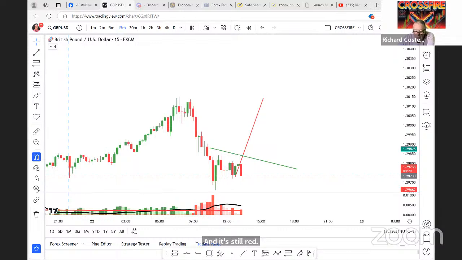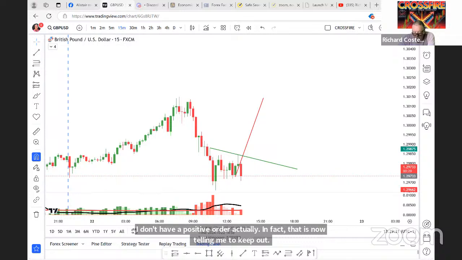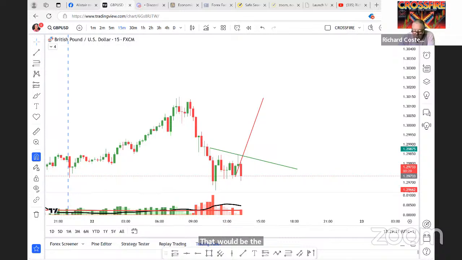We have a moving average crossover, but for my liking, it's a bit too far back. It needs to be fairly recent. So again, if I'm going to get into a sell, I would need a very positive Waddah Attar, and I don't have a positive Waddah Attar. In fact, that is now telling me to keep out. The best scenario I could get is where the explosion line is pointing away from the dead zone line and the histogram is above the explosion line.